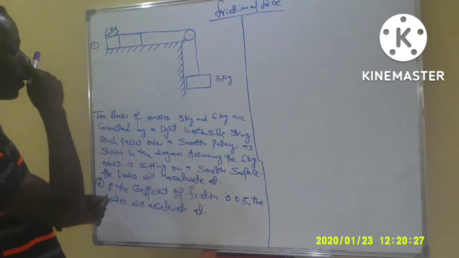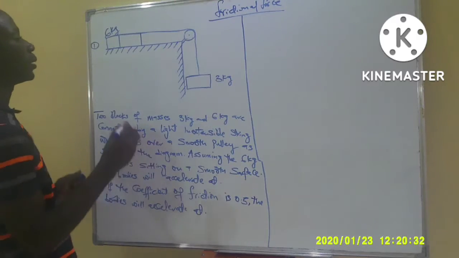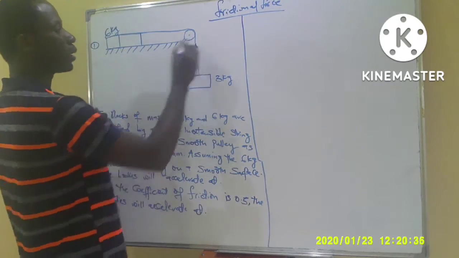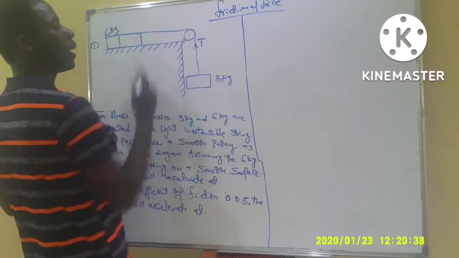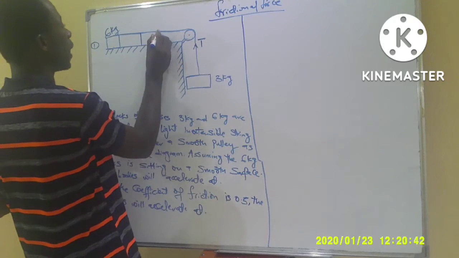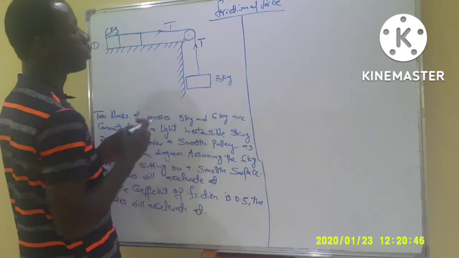So now two things are happening here. First of all, there is a tension acting on this string that tends to pull the body back upward, and there is also a tension acting on the string here that tends to drag this box towards the pulley.